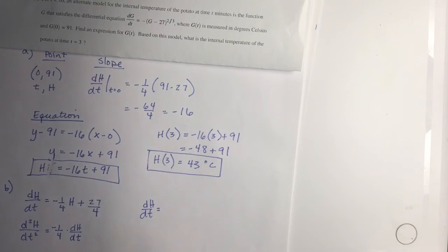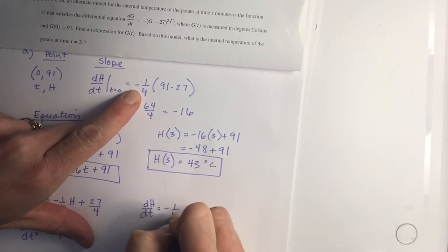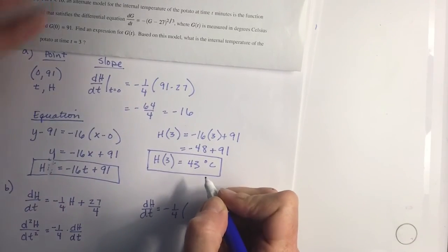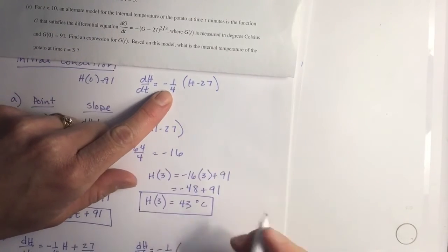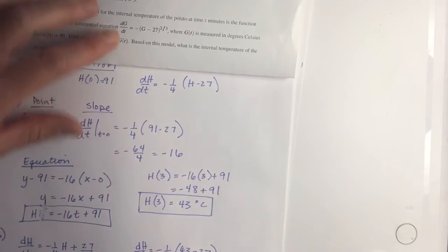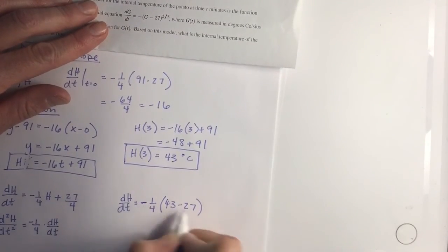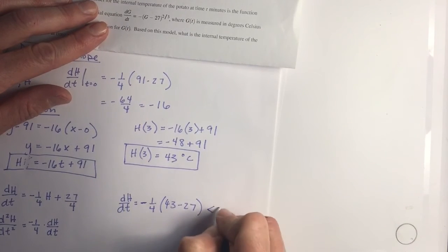So that's our approximation. At that approximation, dh dt is negative 1/4. Now I'm going to use this temperature and plug it back in to this equation. So I've got 43 minus 27. And of course, it is less than 0, because this is negative and this is positive. Positive times a negative is negative. So I'm just going to say less than 0.